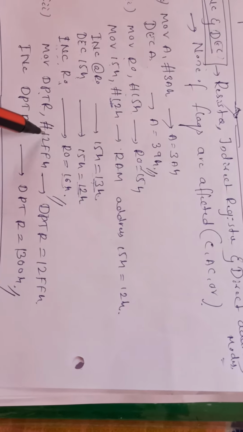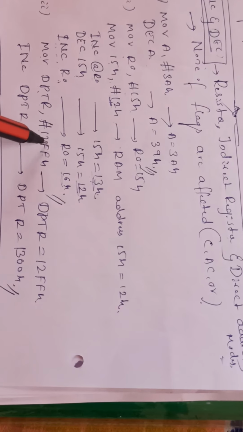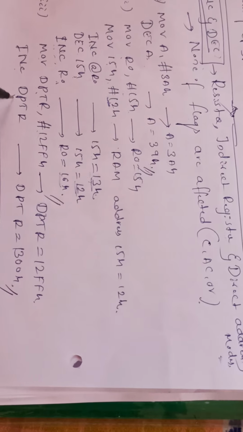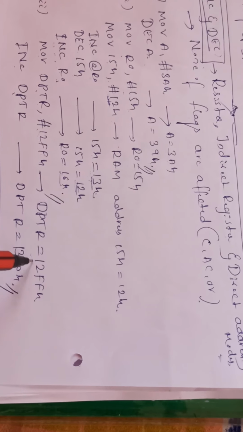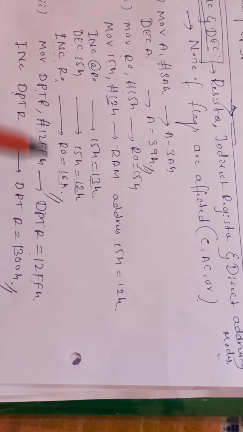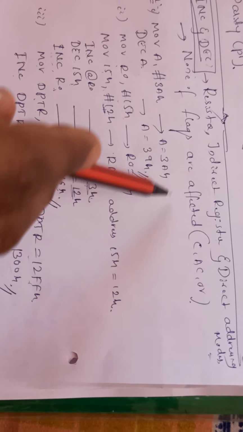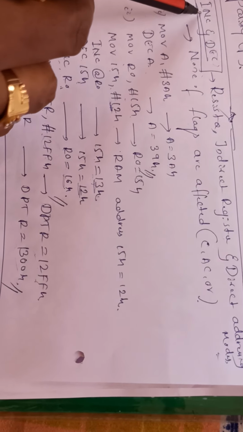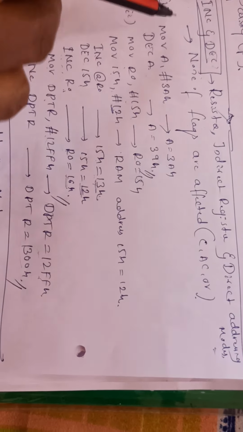I loaded the memory address 1FF into the data pointer. If I write INC DPTR, I make 1FF plus 1, and it becomes 200H. This way we use the increment and decrement operations, just plus 1 in increment and minus 1 in decrement.